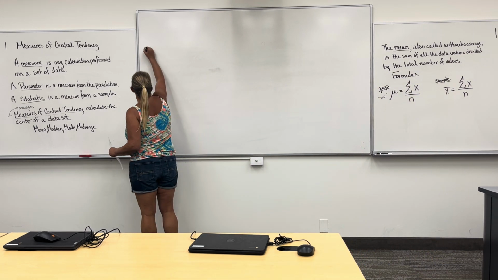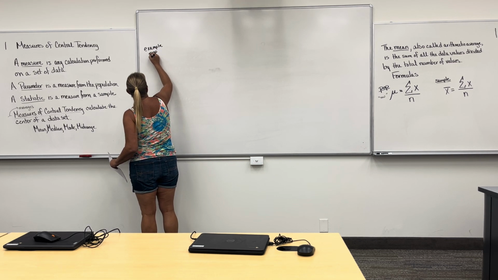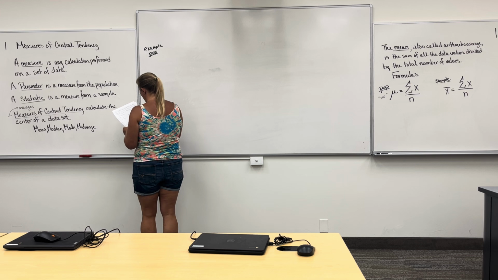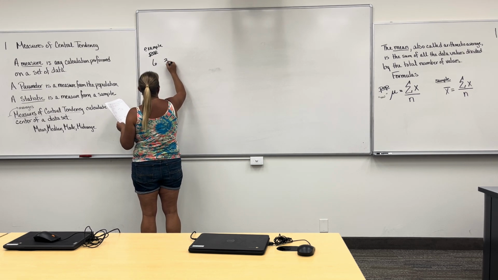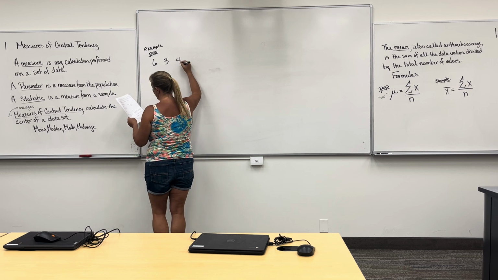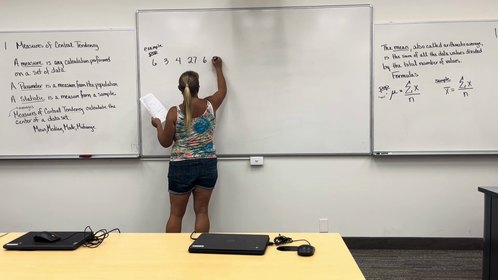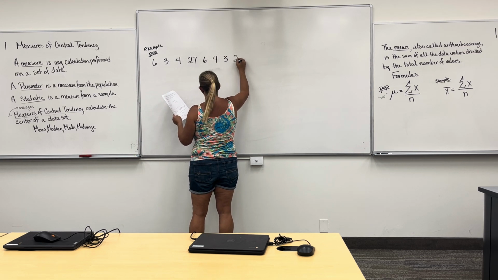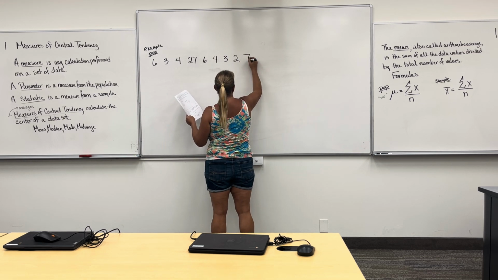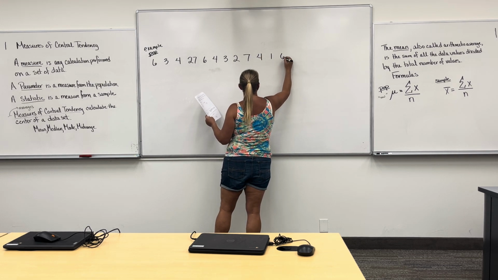Okay, so let's get a number of numbers on the board here and do some calculations. So here is our example. And we're going to say that our example is a population. And we've got 6, 3, 4, 27, 6, 4, 3, 2, 7, 4, 1, 6.